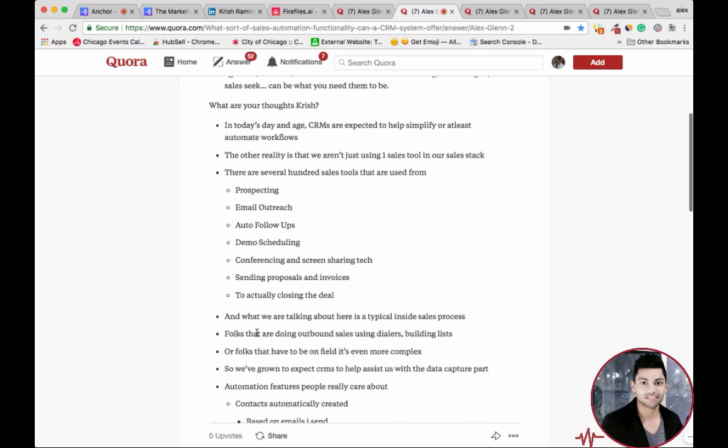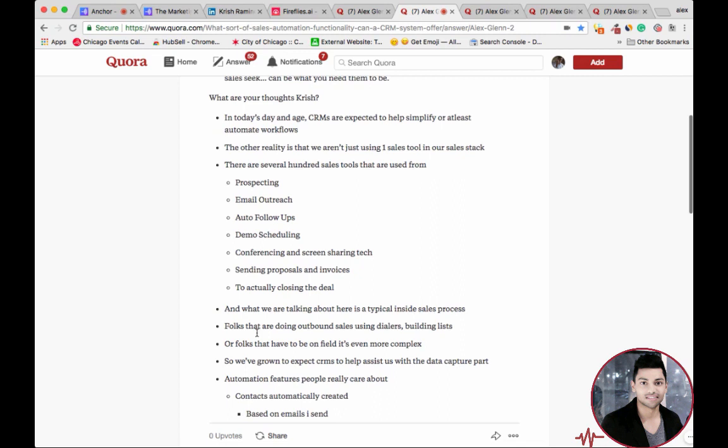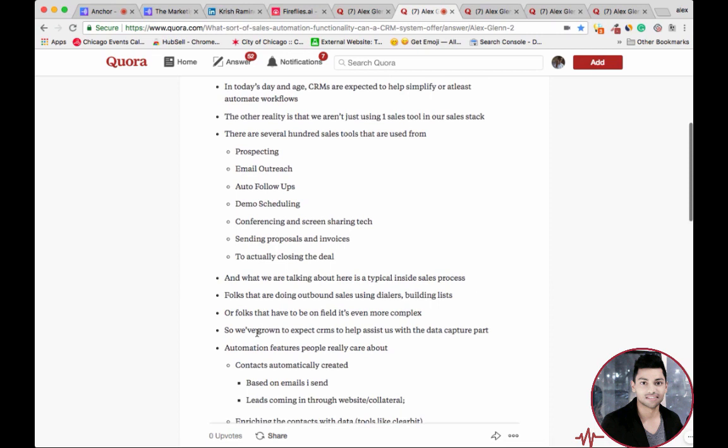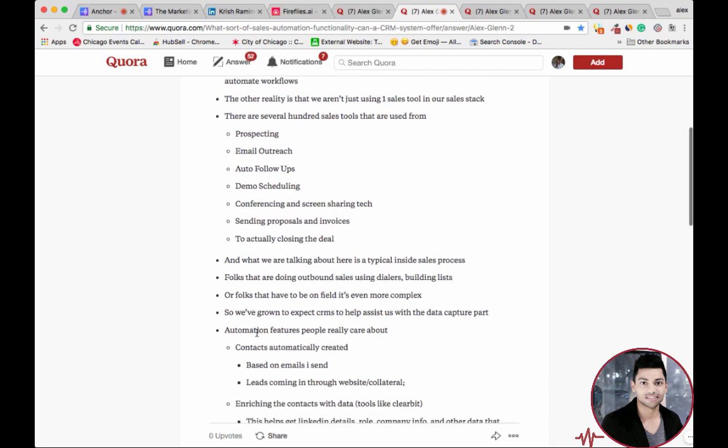And then afterwards, if all things went well, you're sending out proposals or invoices. So you probably are using some sort of e-signature platform. And then how do you actually get the money in the bank, right? You're sending out these invoices and you're actually making sure that the money is in. You're maybe using a payment system like Stripe. So this, what I just outlined, is probably 70% of an inside sales process.